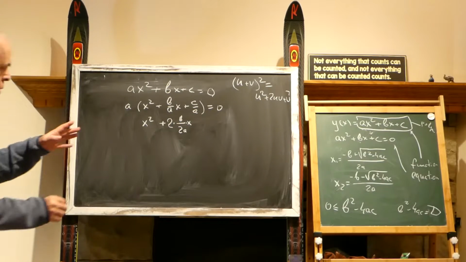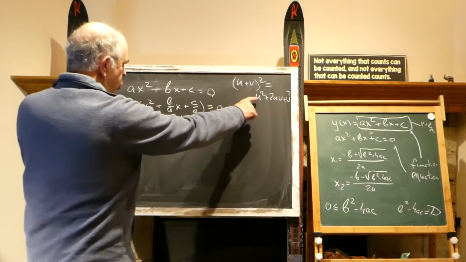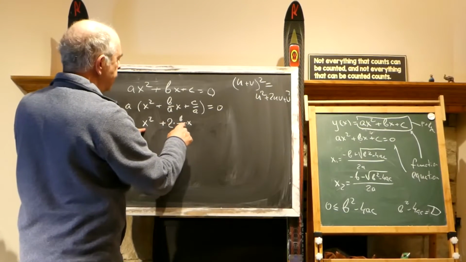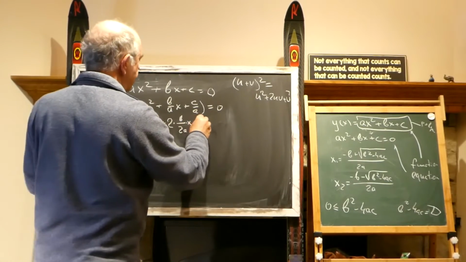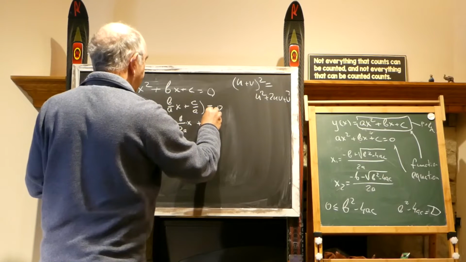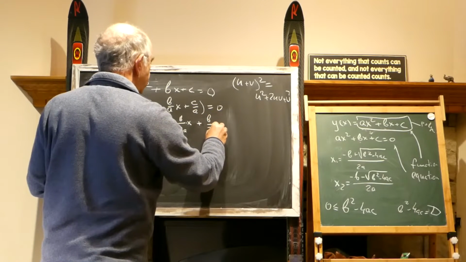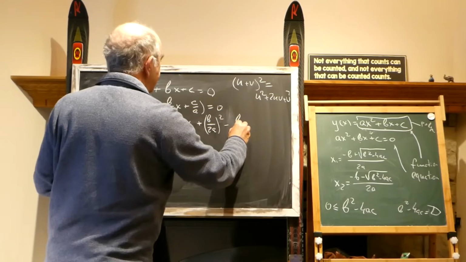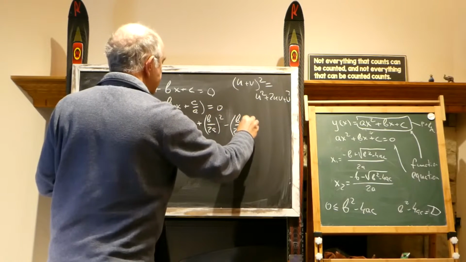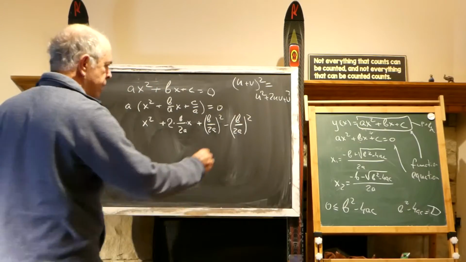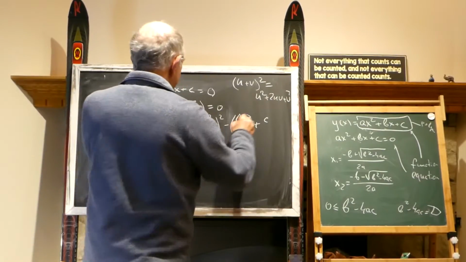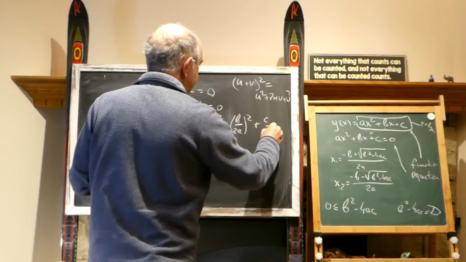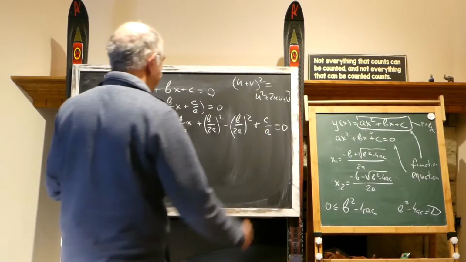And then I say, okay, this would be u, this would be 2, x is u, then this should be v. So I add b divided over 2a squared and I subtract b divided over 2a squared, right? And then of course I have to add the remaining part, c over a, equals 0.